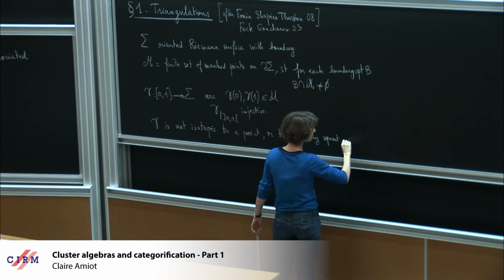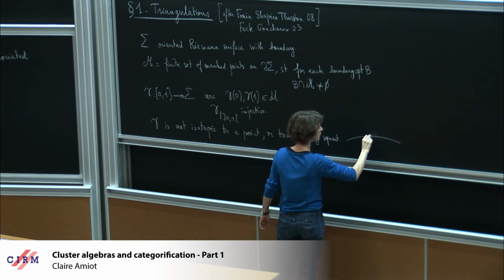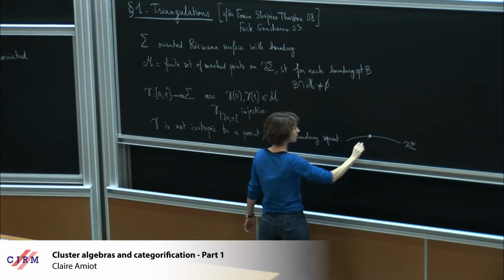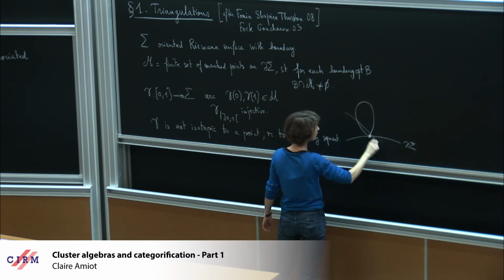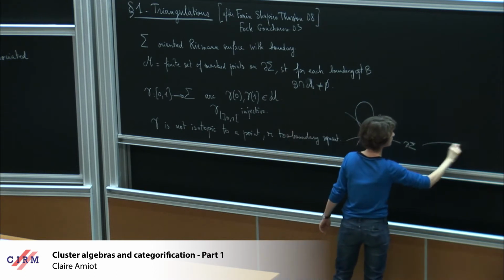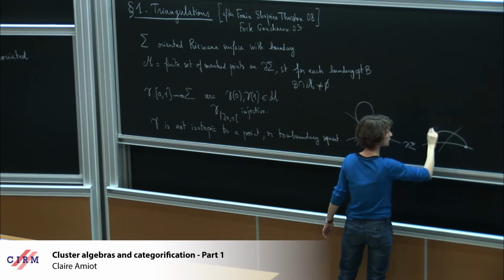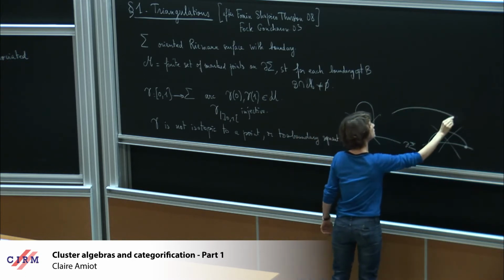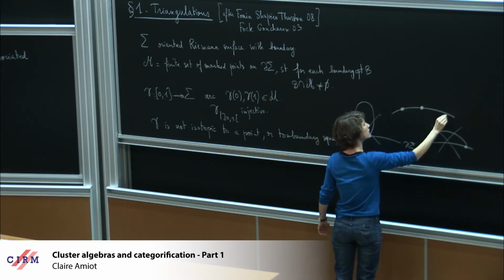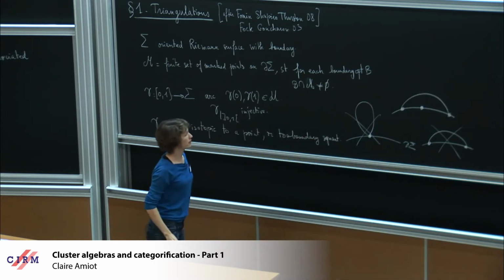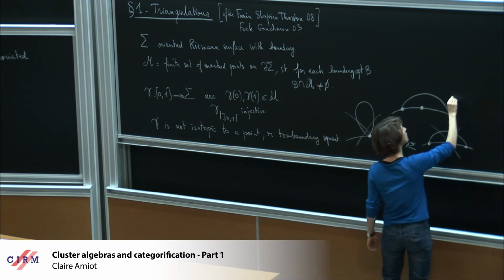So it means that if this is the boundary of sigma, this is not an arc, and this is not an arc, but this is an arc. Okay, so this is an arc.